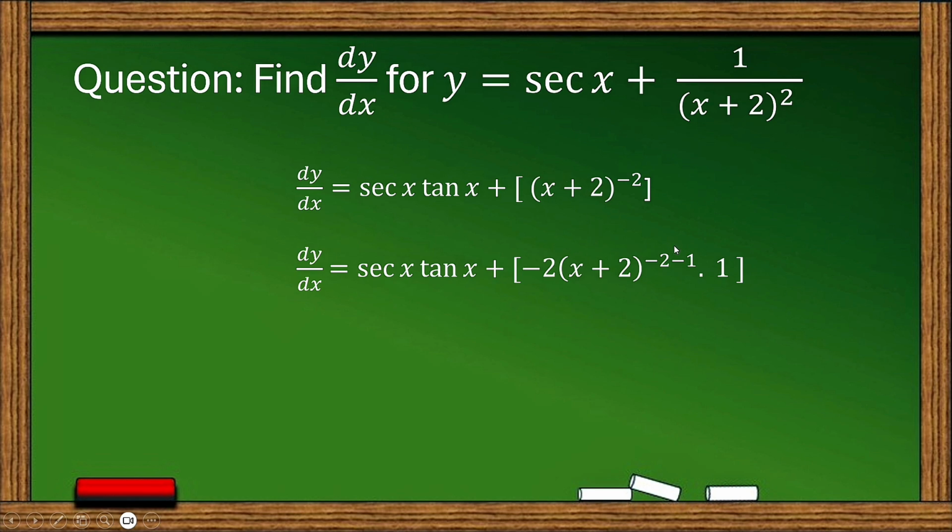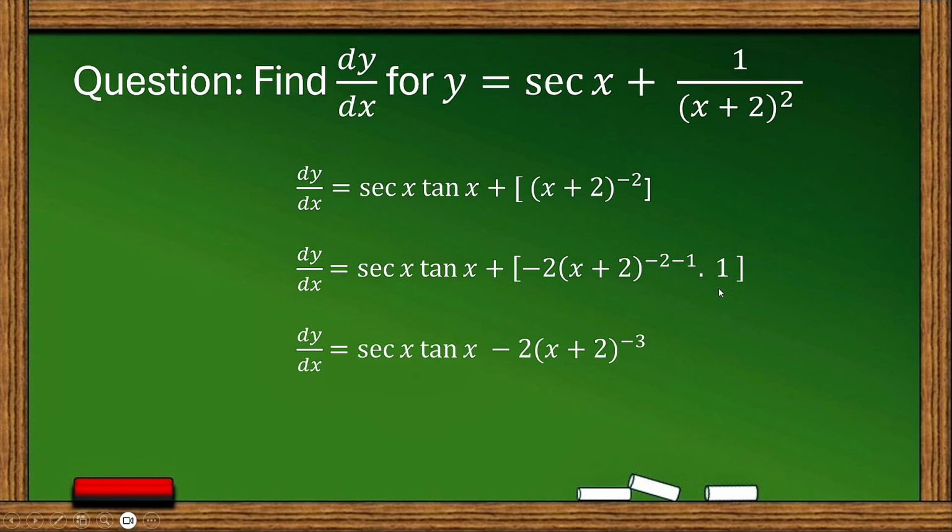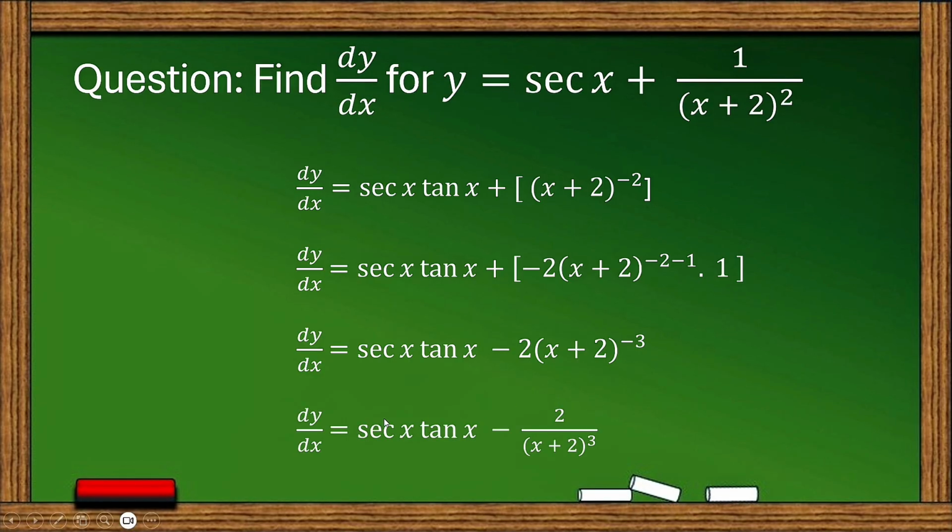Put negative 2 to the front and minus 1 from the power, and don't forget to differentiate x plus 2, which will be 1, and 1 times negative 2 will be negative 2. But we are not done yet. We need to move this to the bottom, and it will be sec x tan x minus 2 over x plus 2 close bracket power of 3, and this is your final answer.